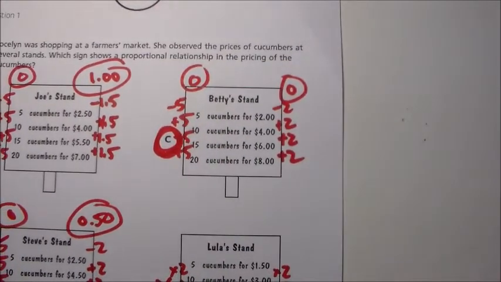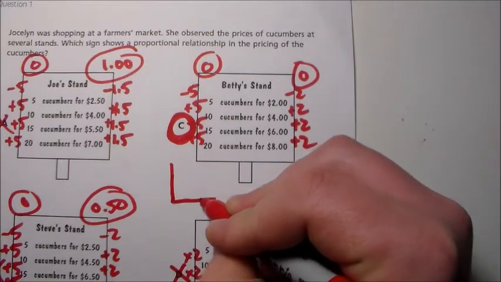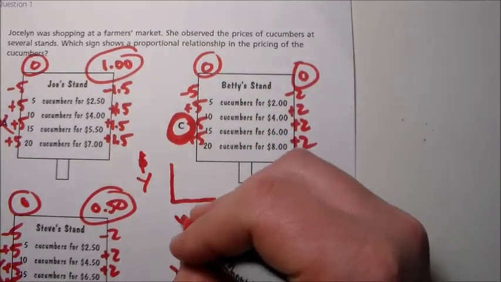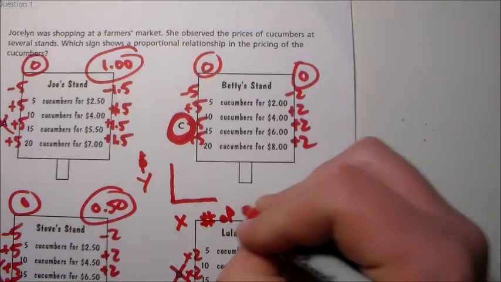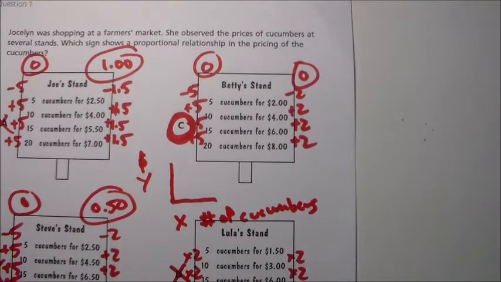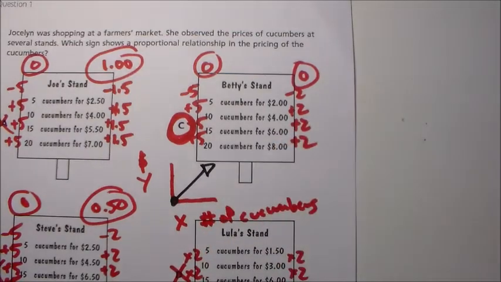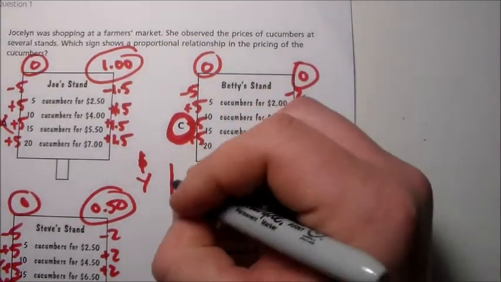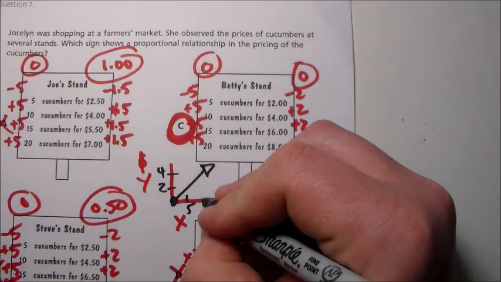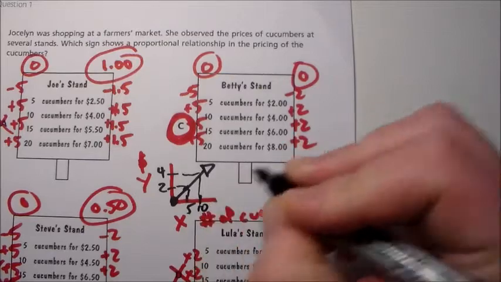All right, and another thing that should be noted, if you were to draw an XY graph of this and have this be Y, your dollars, and this be X, your number of cucumbers, what you would have on this graph would be a straight line originating at 0, because it has to go through 0, 0, and you'd have $2 for 5 cucumbers, $4 for 10 cucumbers, and so on.